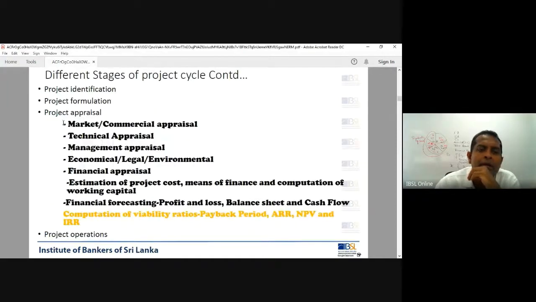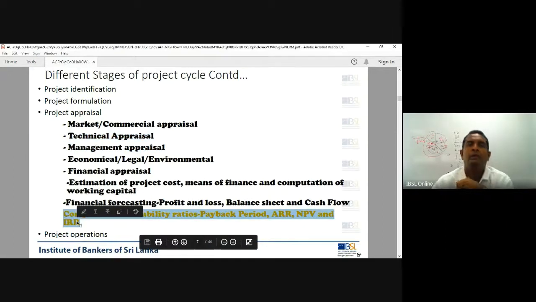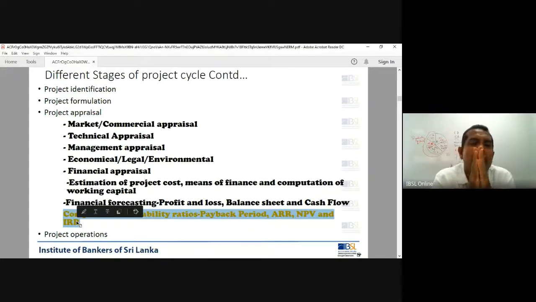This one: market and commercial appraisal, technical appraisal, management, environmental, economical, financial appraisal, estimations, and now we have come to this point. So first of all, before doing anything, you have to look at the market.